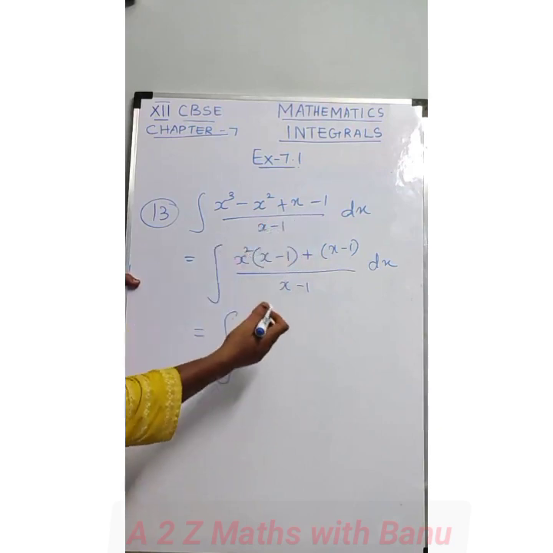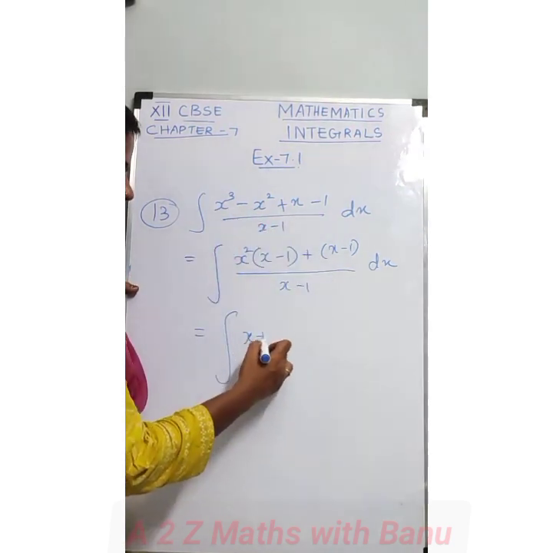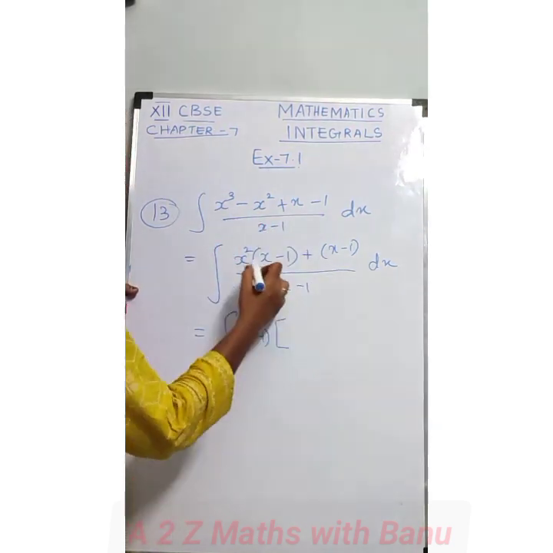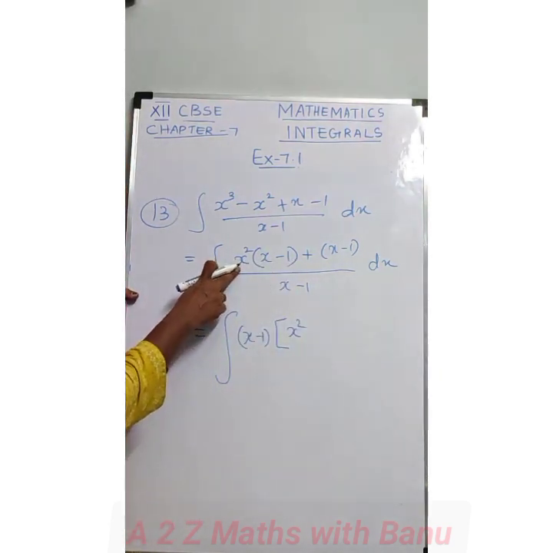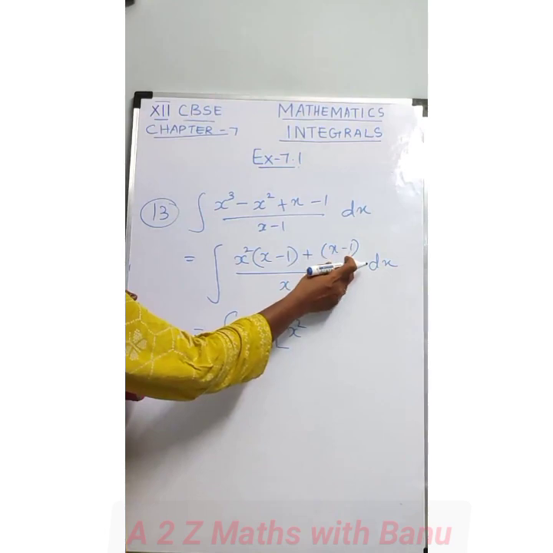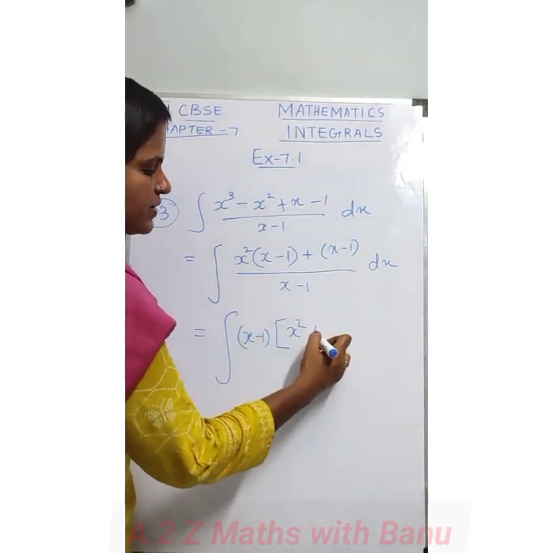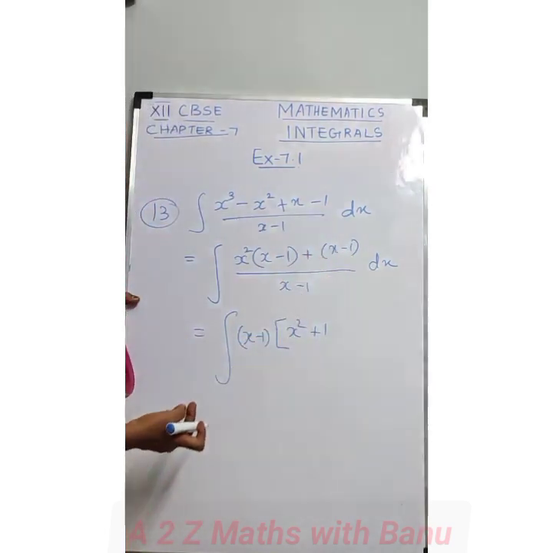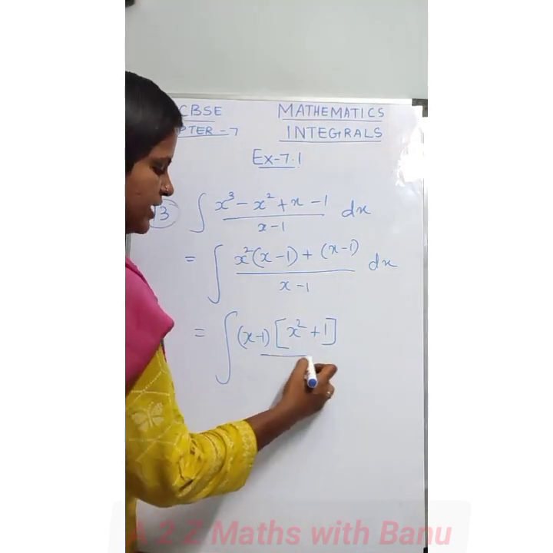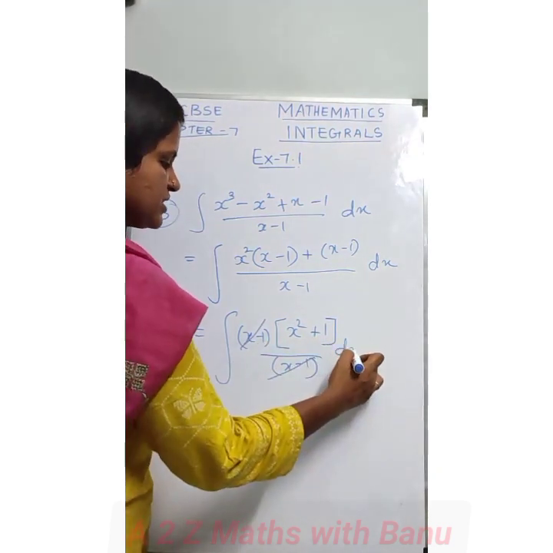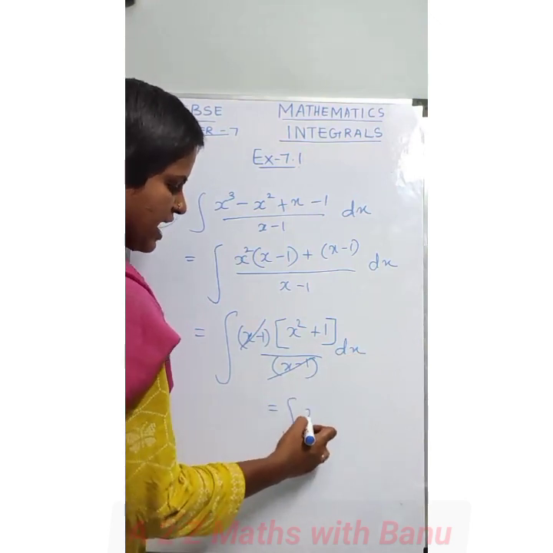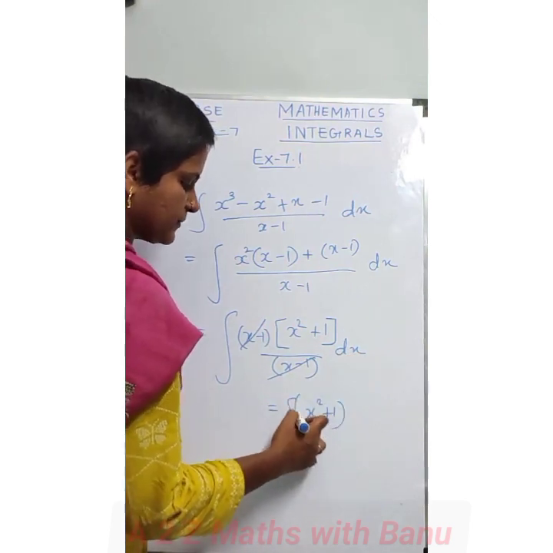Let me take x minus 1 common. Then if I take x minus 1, I will have x square. And from here, if I take x minus 1, 1 will be there. 1 into x minus 1 is x minus 1. And then in the denominator, we have x minus 1, which is getting cancelled. So simply we are having x square plus 1.